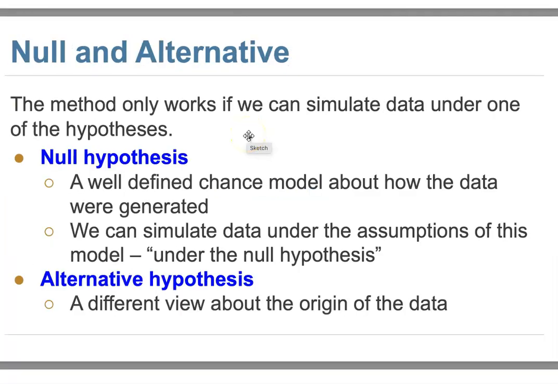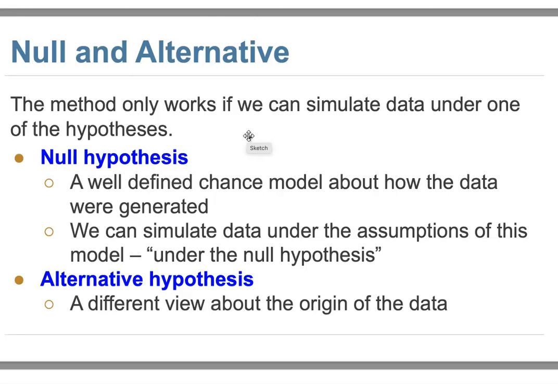From our two examples in the previous lecture, basically we are doing the null and alternative hypotheses. This method only works if we can simulate data under one of the hypotheses. Usually we have a chance model with many assumptions, and we use that as the null hypothesis.